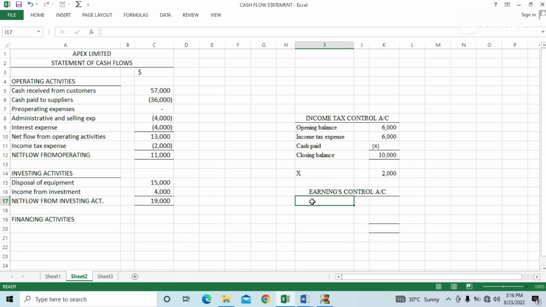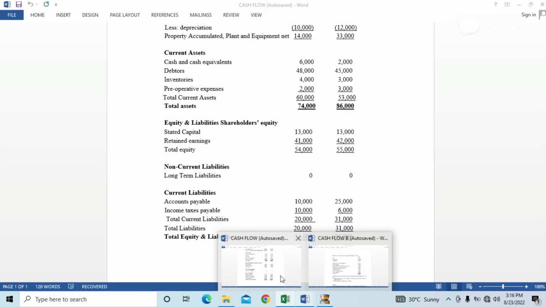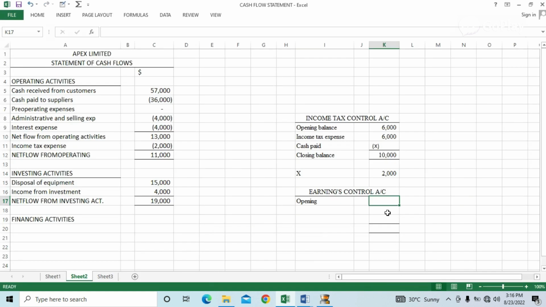The opening balance was, let's confirm, 42,000. Okay. So the opening balance was 42,000.